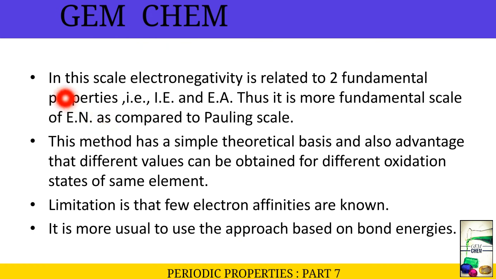Now in this scale, electronegativity is related to two fundamental properties, that is ionization energy and electron affinity. Thus it is a more fundamental scale of electronegativity as compared to the Pauling scale, and this method has a simple theoretical basis and also the advantage that different values can be obtained for different oxidation states of elements. The limitation is that few electron affinities are known, and it is more usual to use the approach based on bond energies. Okay, now this is important.